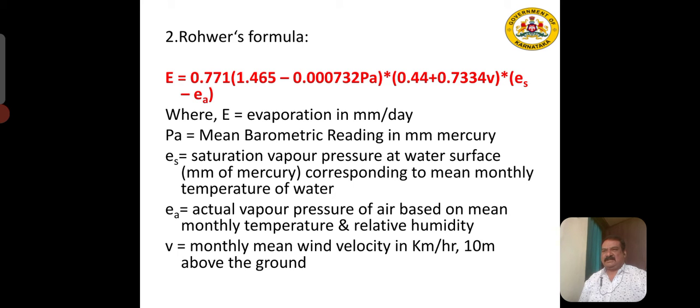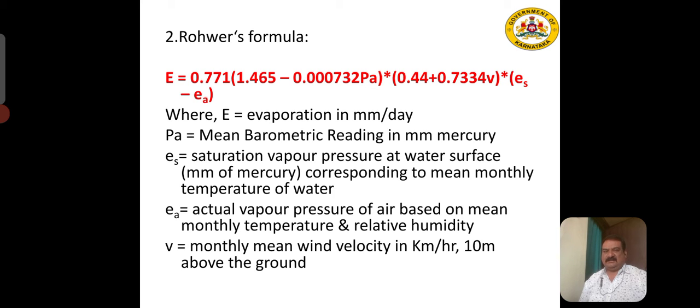So in Mayer's equation, E is equal to C (ES minus EA) (1 plus 0.06215 V). Here in Rover's equation, E is equal to 0.771 (1.465 minus 0.000732 PA) into (0.44 plus 0.7334 V) (ES minus EA).